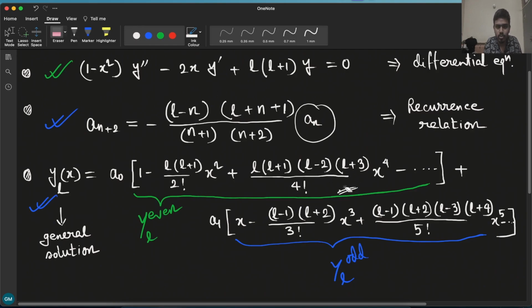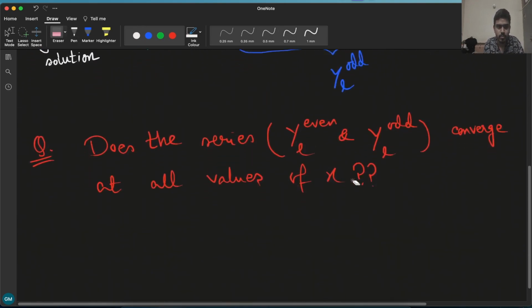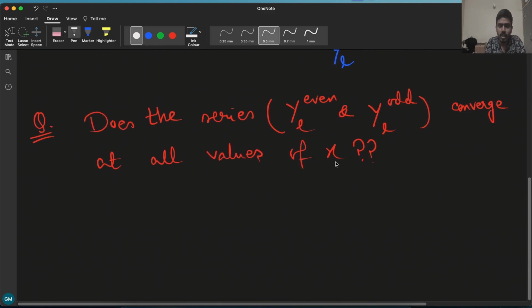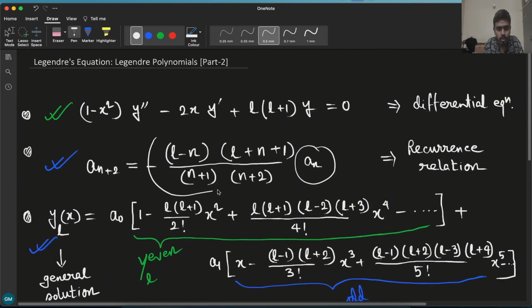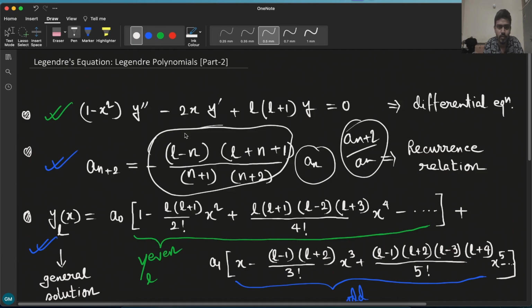So for either of these series, the ratio we should be concerned about is the ratio of two consecutive terms, which is a_(n+2) divided by a_n.